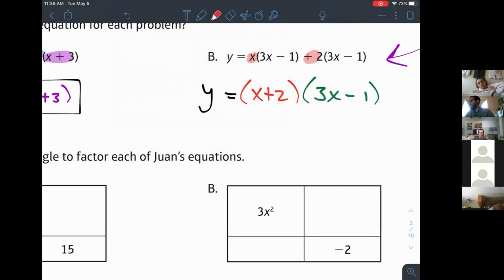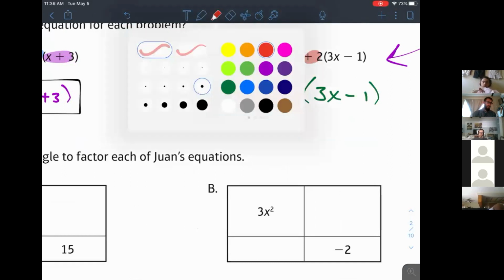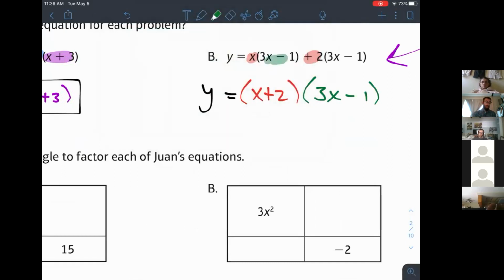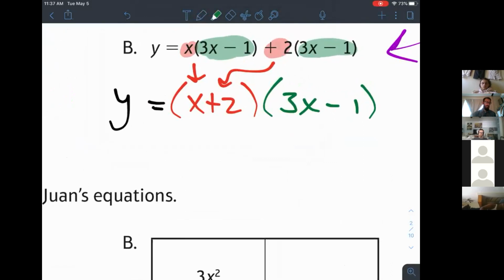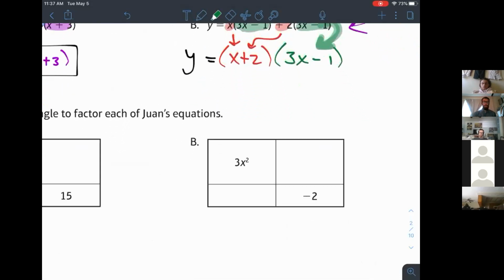Ready? Since both x and +2, shown in red, are being multiplied by the very same common parentheses, 3x minus 1, distributive property says we can combine that x and that +2 and multiply it by that very common thing, 3x minus 1. Sweet. That's it.